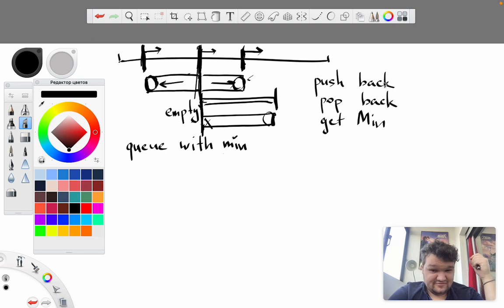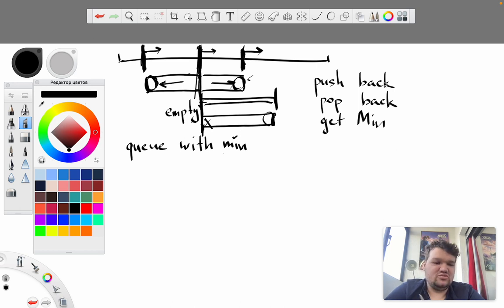So now we have this stack with minimum, and we can implement a queue on two stacks, just using push back and pop back, and be able to maintain get min. So how do we implement a queue with minimum now?